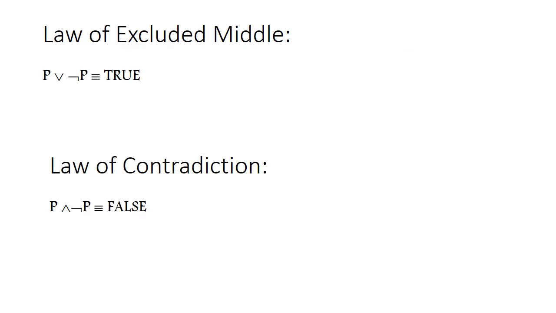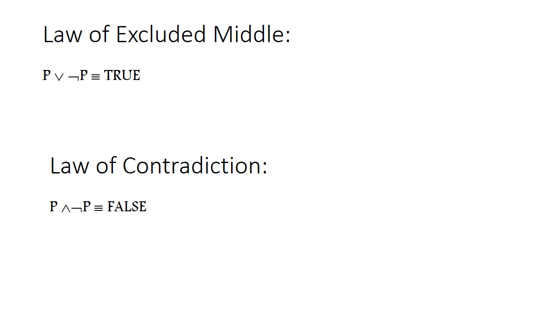Next we have two important laws, the law of excluded middle and the law of contradiction. The law of excluded middle states that there is nothing in between true and false: a proposition is either true or false. So either it is 0 or it is 1: it is raining or it is not raining, I am going to school or I am not going to school.